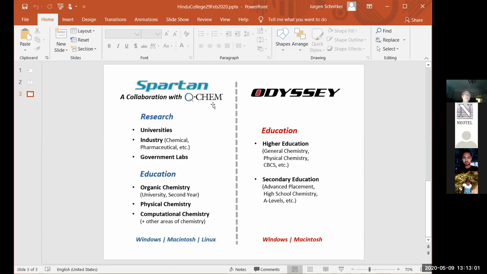The flagship program, which is actually a collaboration with another small company called Q-Chem, originally was all research, but now it's also used in education. Typically in the second year of college, organic chemistry, physical chemistry, not so much in general chemistry, and continued heavy use.